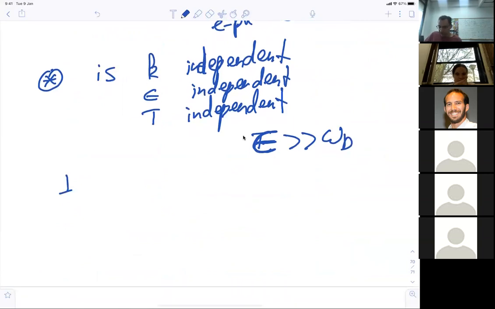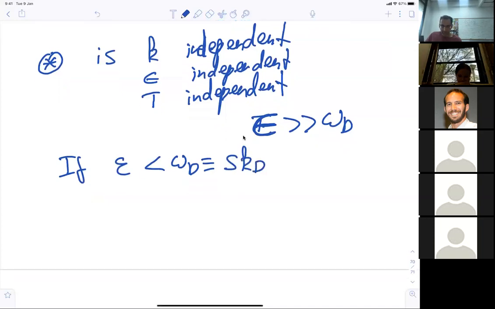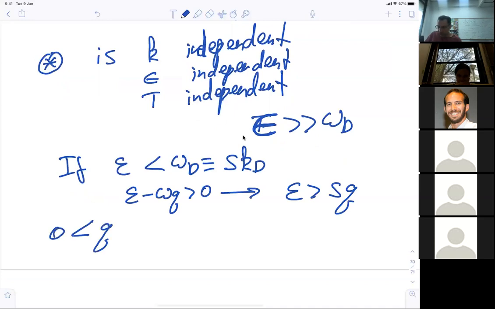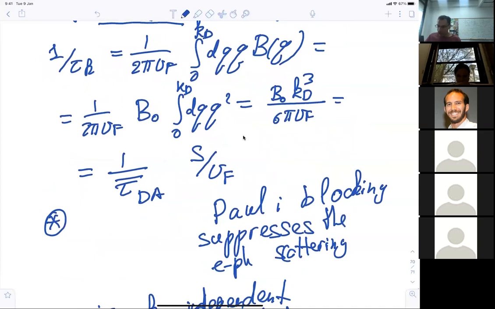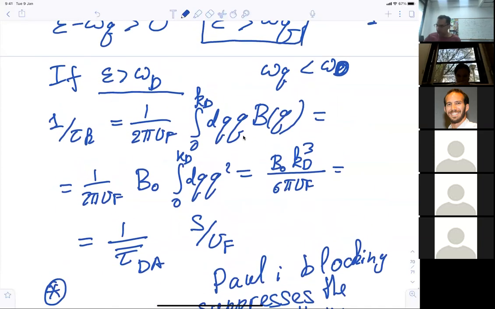Now, if energy is smaller than omega Debye, which is equal to s k Debye, then the condition epsilon minus omega q greater than 0 assumes that energy is larger than sq, and this restricts the integral over q. So the integral over q now runs between 0 and epsilon over s. So we now need to go back and replace this integral.